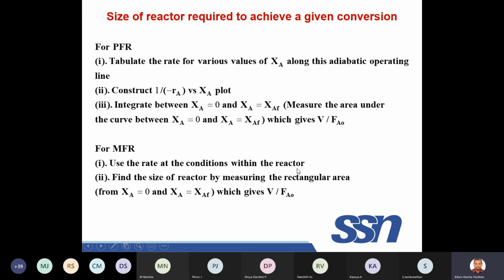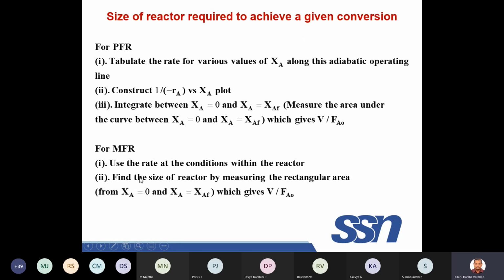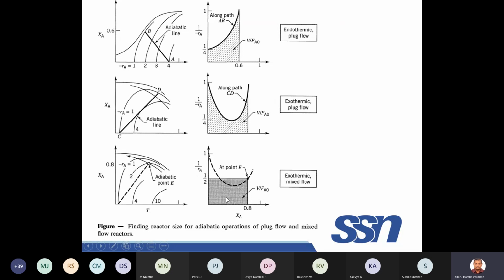In MFR there is only one rate, whereas in PFR you get different rates based on the length of the reactor. One rate means only one conversion. At that conversion, you draw a line and find the size by measuring the rectangle area.